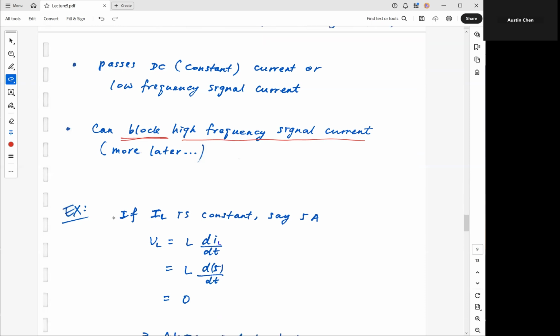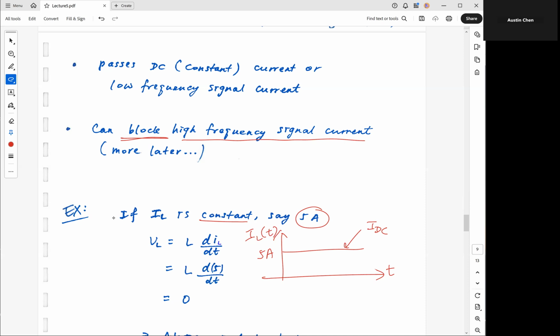So, for example, this is versus time. If the inductor current is a constant, let's say phi m here. So this is my IDC, phi m. To calculate the voltage drop across this inductor, all I have to do is take L times dIL over dt.